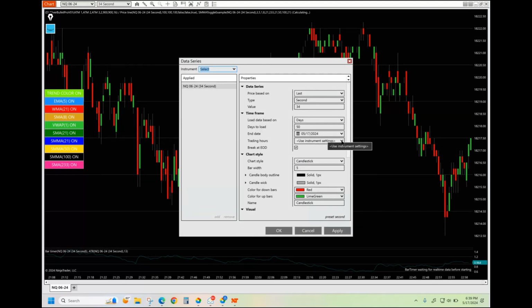Instrument settings means for futures it's a 23 hour window. The market closes at 4 p.m. Central and opens at 5 p.m. Central. It's closed only for that 1 hour, 4 p.m. to 5 p.m., and then the remaining hours it remains open.